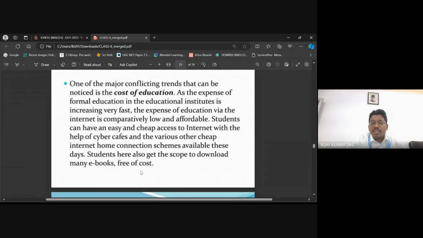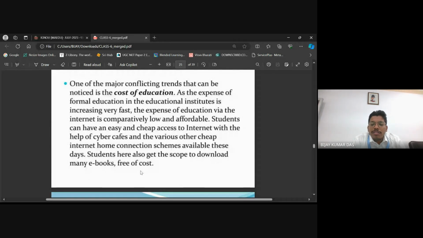As the expense of formal education in educational institutions is increasing very fast, the expense of education via the internet is comparatively low and affordable. Students can have easy, cheap access to the internet with the help of cyber cafes or the Android phones they have, or various other cheap home internet connections.